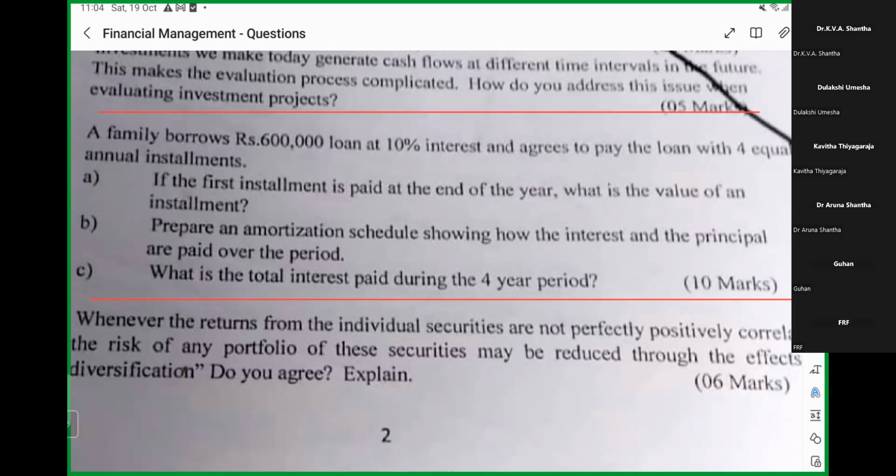We have learned this under the time value of money lesson. Quickly calculate the installment value.